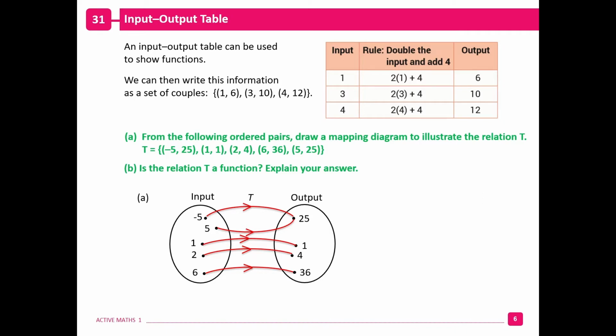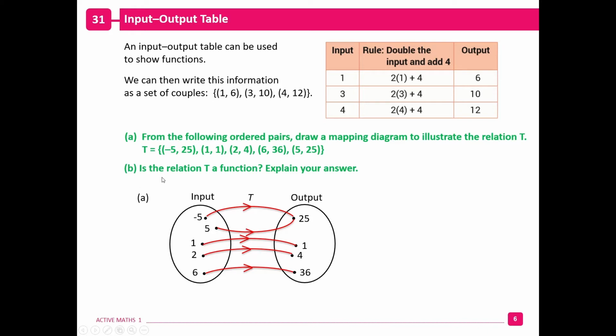Try to get it as close to the same size as the input oval or circle. And we must make sure that we connect our correct inputs to our outputs. We then also make sure that we label, so in this case we know that it is called T, above our mapped arrows.